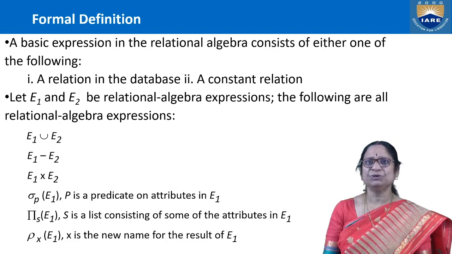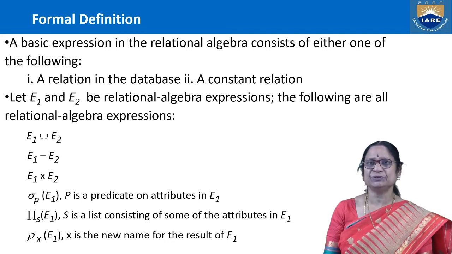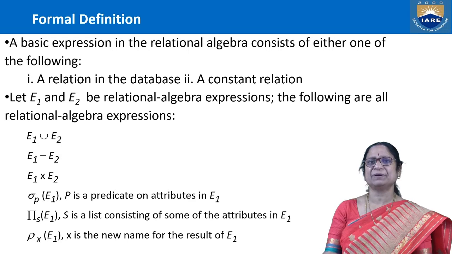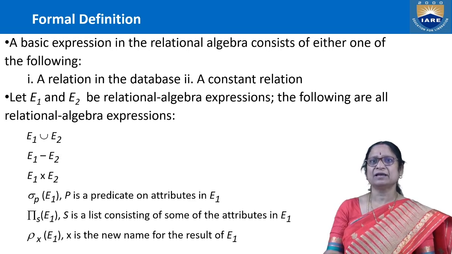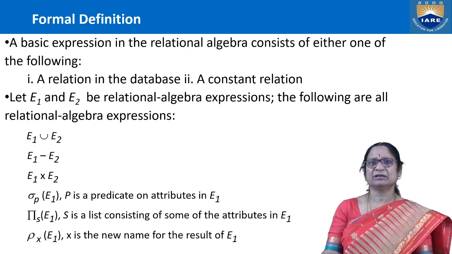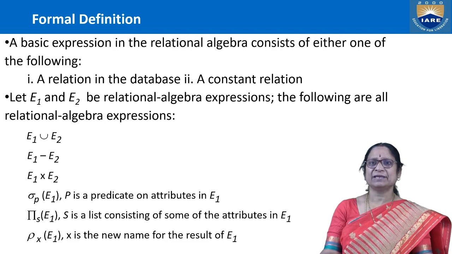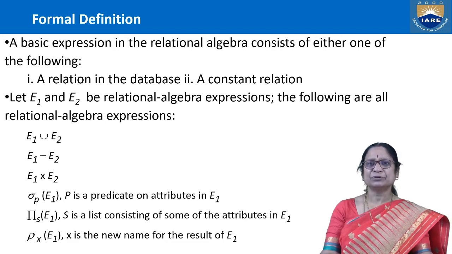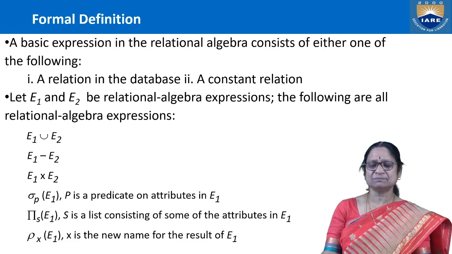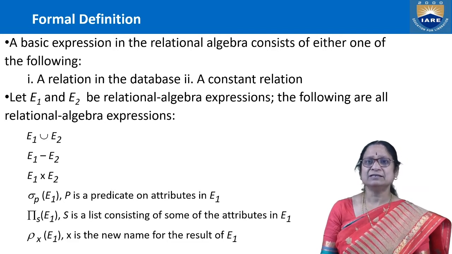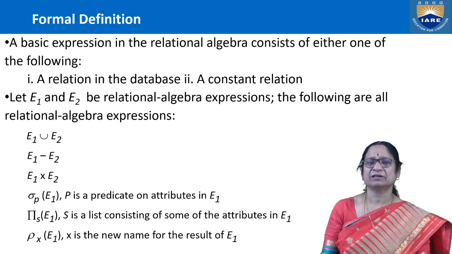So E1 union E2, E1 minus E2, E1 cross E2, that is union, set difference, Cartesian product, sigma P of E1, where P is a predicate, the selection operation, and pi of E1, where pi is known as the projection operation. All these six basic operations result in a relation again in our database.